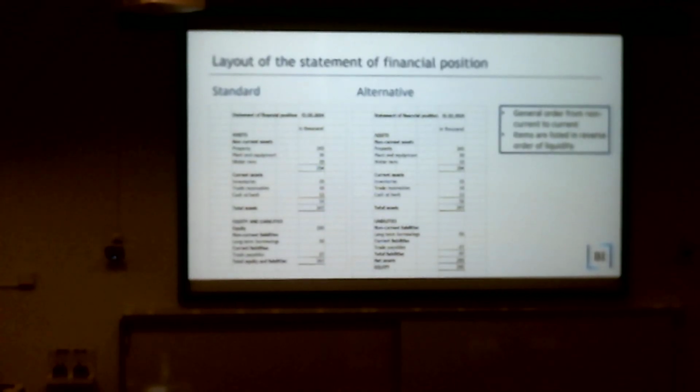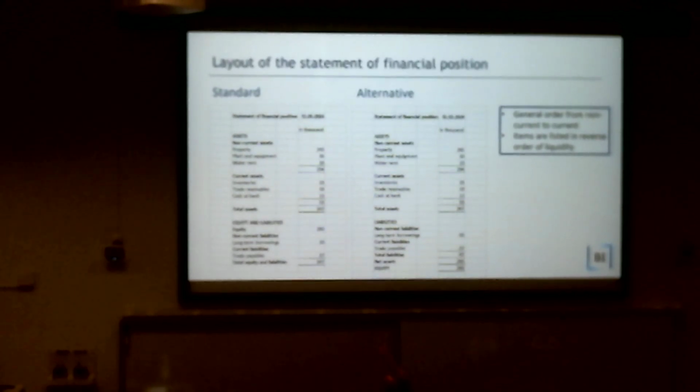So this 260 is really the difference between this 347 and the sum of liabilities 87. Okay. And that's basically the standard layout we use in this course, and that is mainly used.